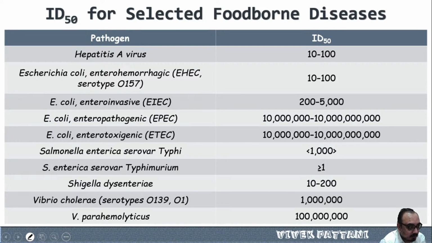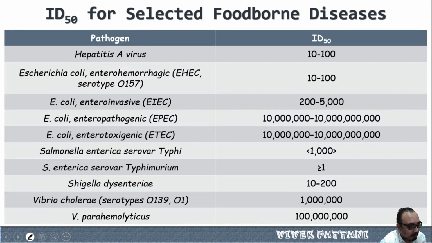In contrast, Salmonella enterica serotype Typhi has a higher infectious dose and typically requires as many as 1000 cells to produce infection. This serotype causes typhoid fever.